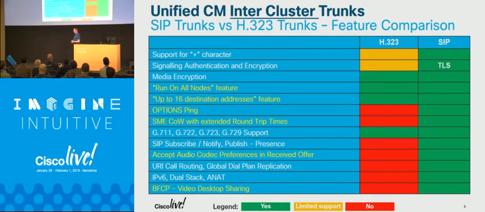If you're doing an SME design, clustering that SME cluster by placing nodes in data centers globally as a single cluster, you can only do that if you're using SIP trunks. So there are lots of reasons why it's worthwhile going down the SIP route. And in fact, most customers today, I would say, don't use H323 intercluster trunks.